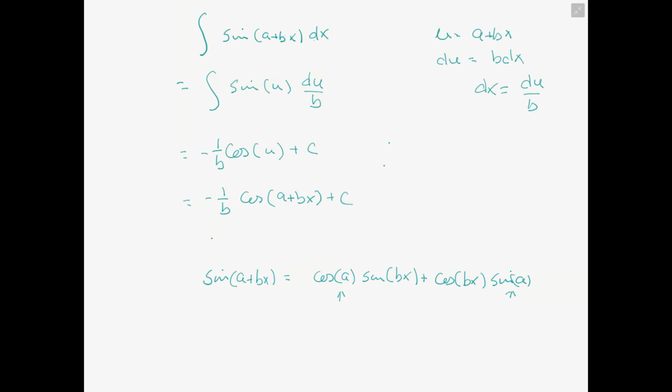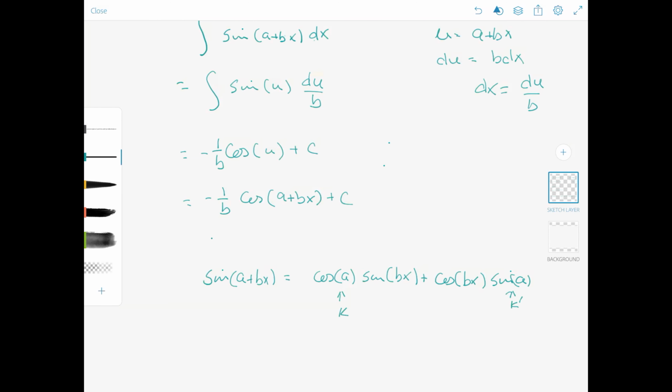And these would be treated like constants, like some kind of a constant k, k1, k prime, something like that.